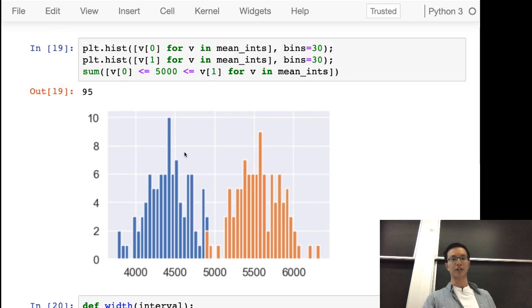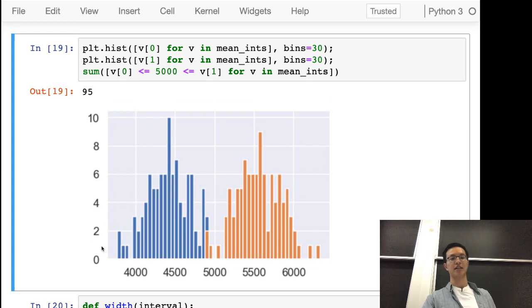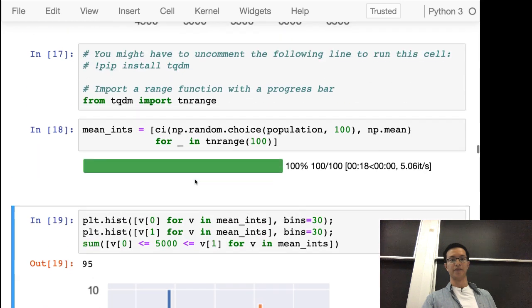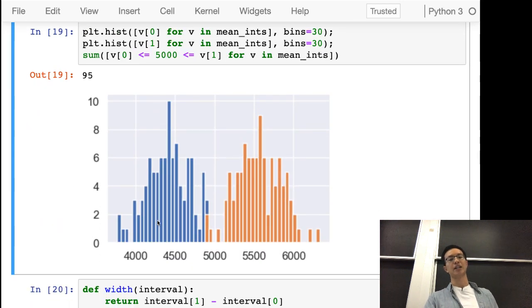If you look through my demo for today, you'll notice that here I'm showing the endpoints of a confidence interval that I create from the Bootstrap. Most of my Bootstrap intervals will start between 4,000 and 5,000, and end between 5,000 and 6,000.